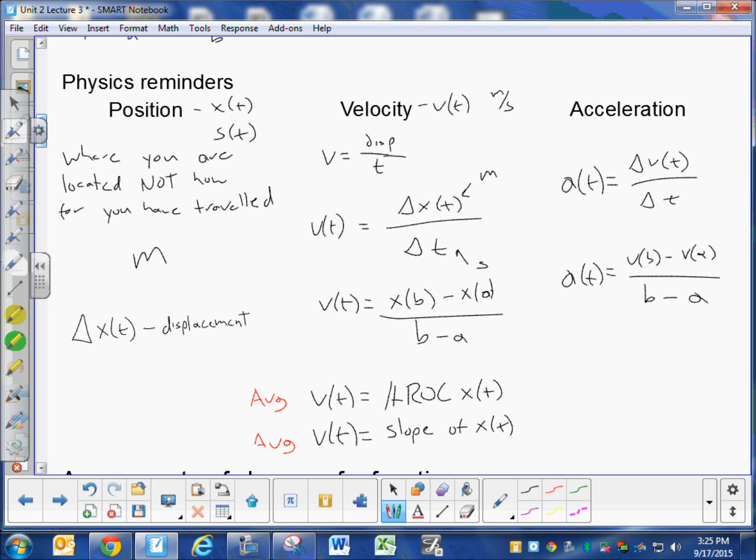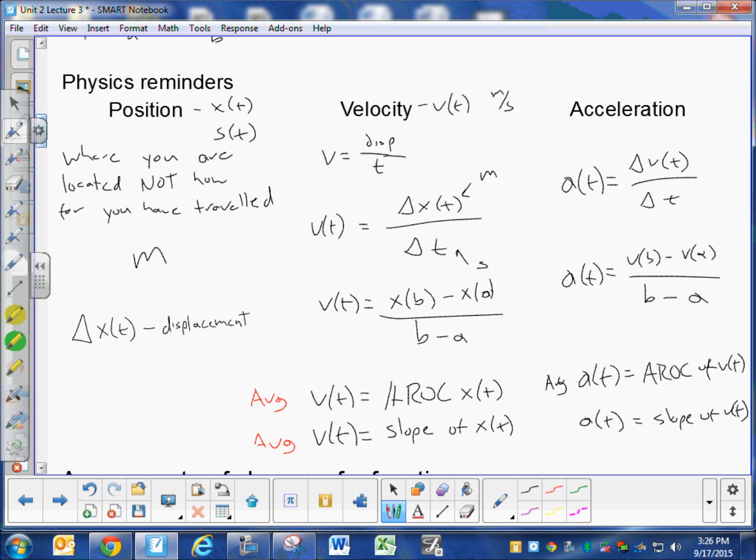Times our x coordinates, v of b, v of a, y coordinates. What is that? That's just slope. So really, acceleration is just the average rate of change of velocity. Or acceleration is the slope of velocity.